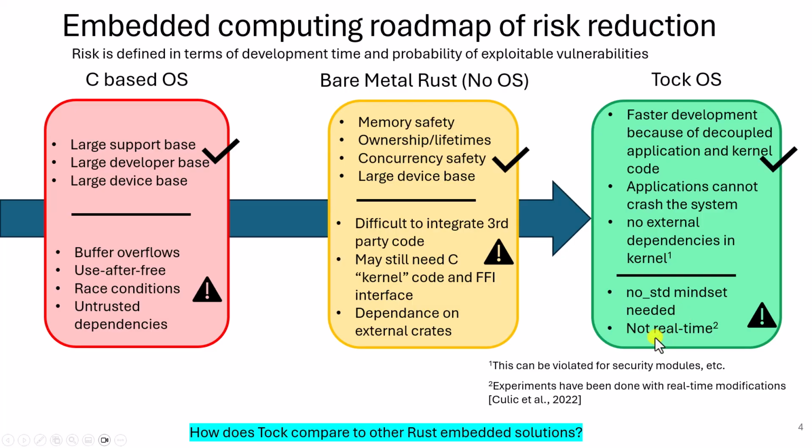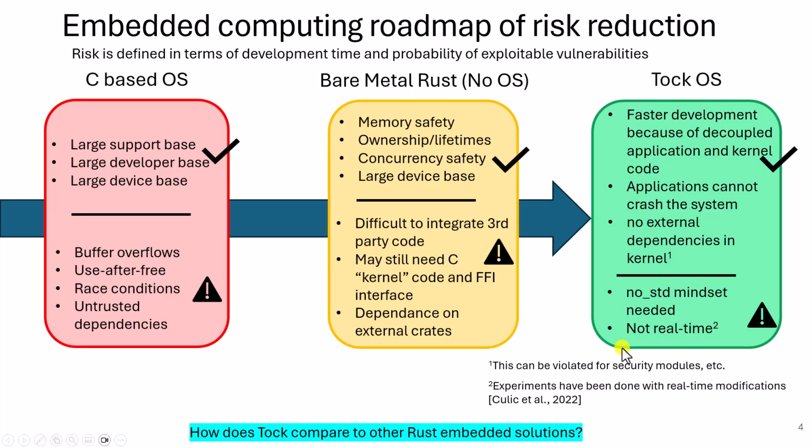So if there are real-time embedded problems with, let's say, motor control, that might not be the best solution to use Tock for that particular part. Perhaps if it's a multi-core processor, one can have the motor control in a different core and then have Tock running in a supervisor role. Now, there have been experiments done with real-time modifications on Tock, but the current code in the repository isn't real-time.